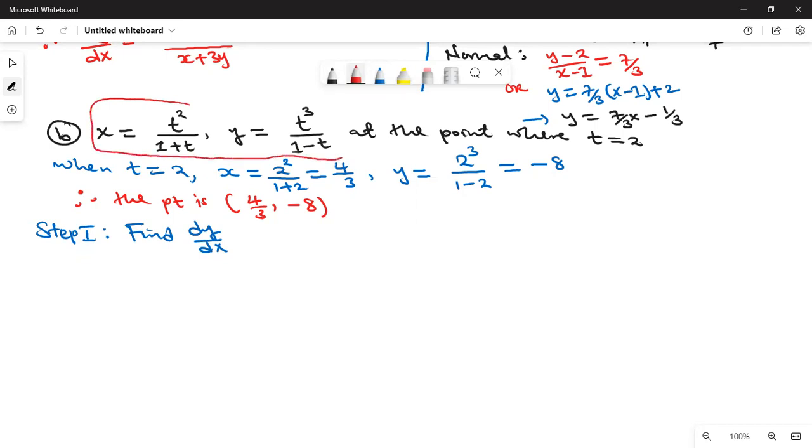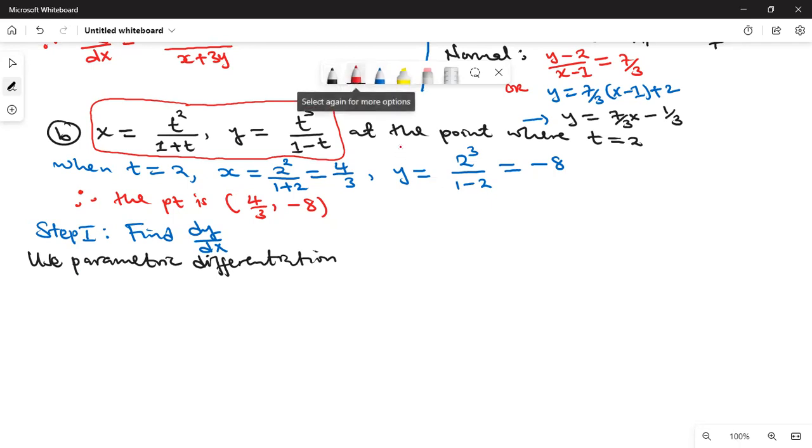These are parametric functions, so we are going to use parametric differentiation. Why? Because x is a function of t, and y is also a function of t. So let's find those derivatives, dx/dt.